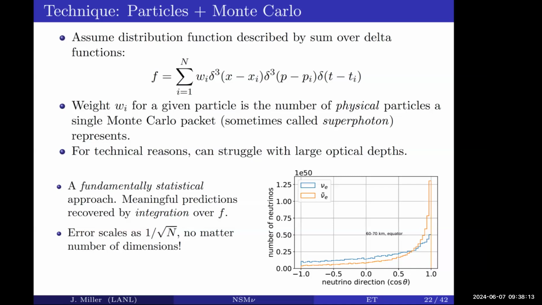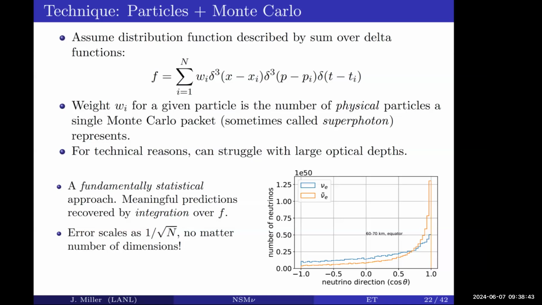You can only say how many particles do I have between position A and position B, between momentum A and momentum B. But you can do that numerically. So for example, here is a figure that I pulled from one of my simulations, and I'm going to come back to this figure later, where these curves are histograms of particles, and the x-axis is direction, the y-axis is essentially this F. And this is for electron neutrino and anti.